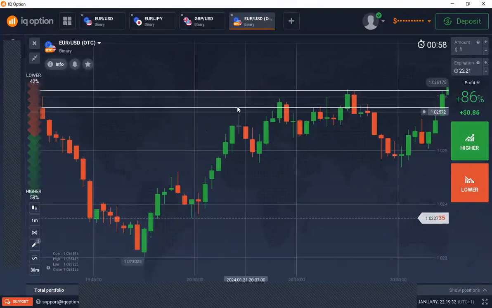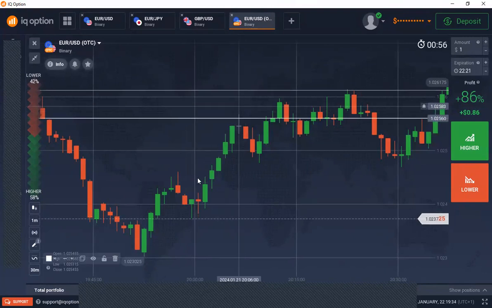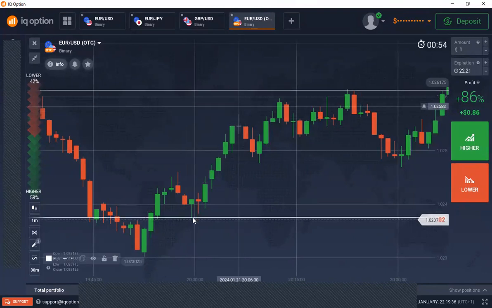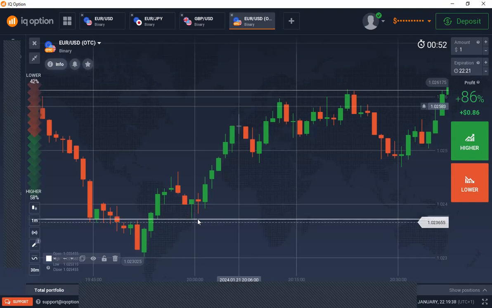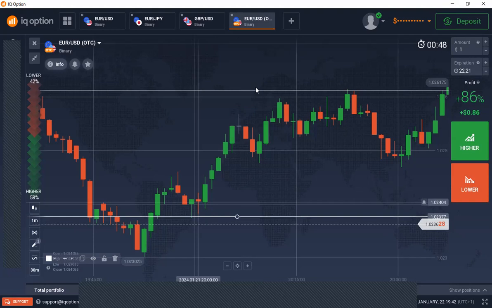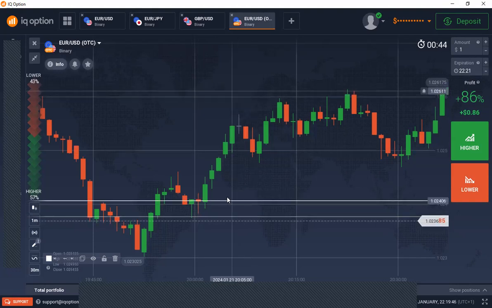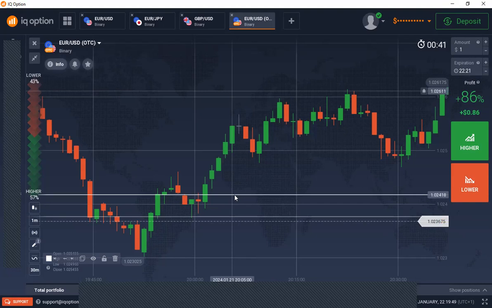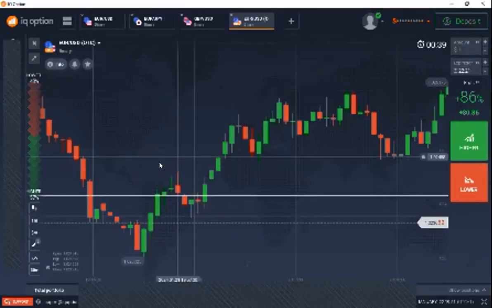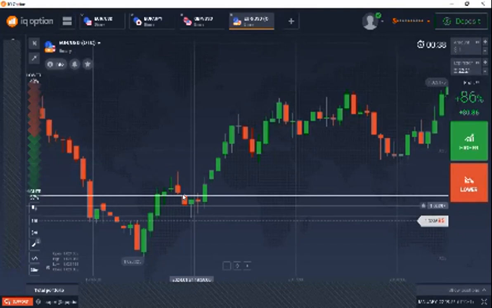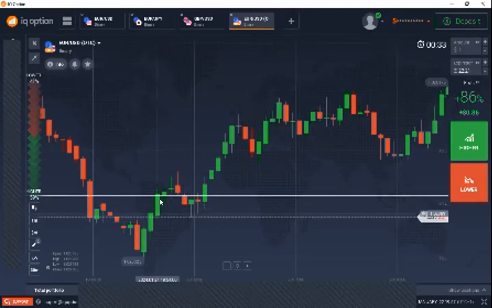So if I want to draw the level, I'm going to draw something like this, okay? Because this is the last red candle before this bullish movement. It's just like a continuation of bullish movement.